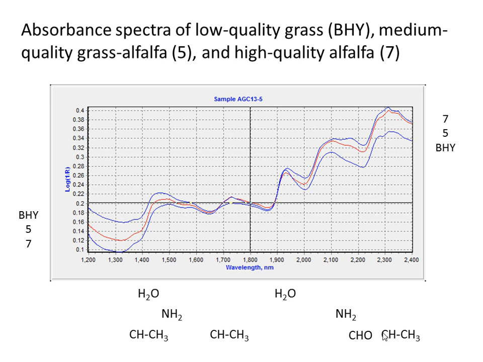The amplitude of these absorbance peaks has to do with water, protein, and carbohydrate constituents in the forage. And so we can use this kind of information. I just got 3 samples that are on your list here. We've got a very low quality grass, BHY, a medium quality grass alfalfa, a high quality alfalfa.